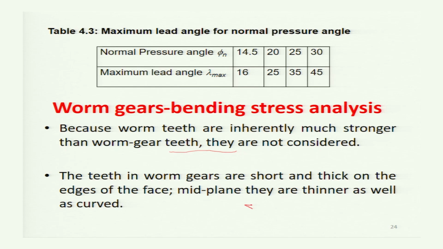The tooth is something like this due to enveloping. So, the worm gear teeth are short and thick on the edges, but at the mid plane they are thinner as well as curved.